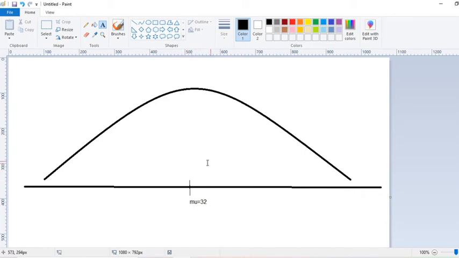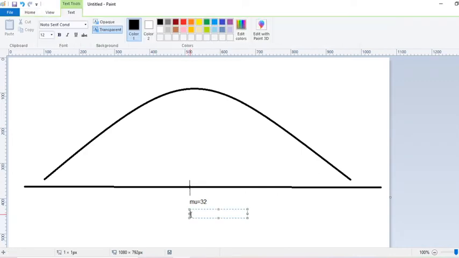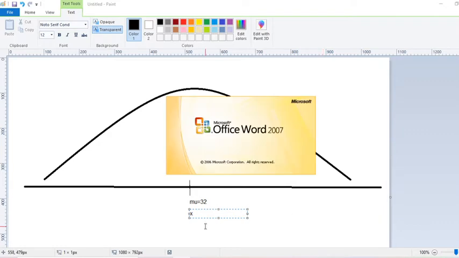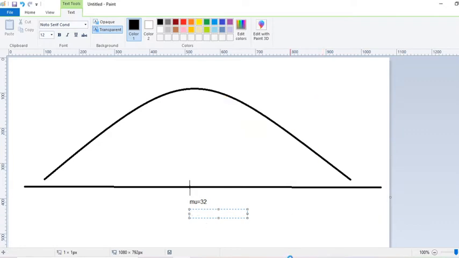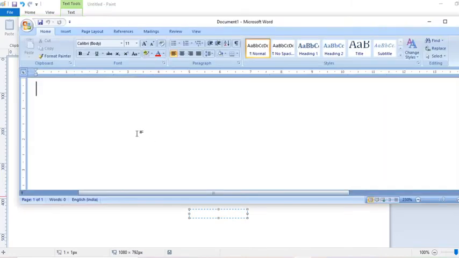We reject the null hypothesis mu equal to 32 if the observed mean, that means x bar, is much larger than 32.